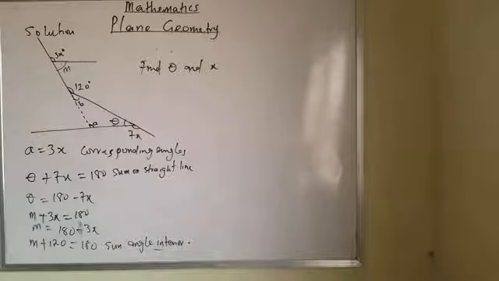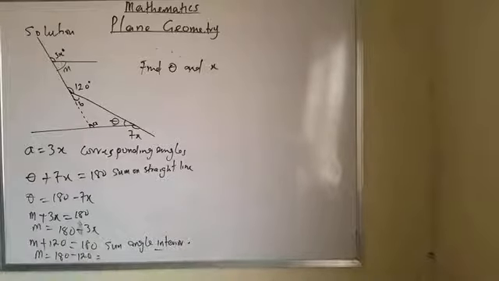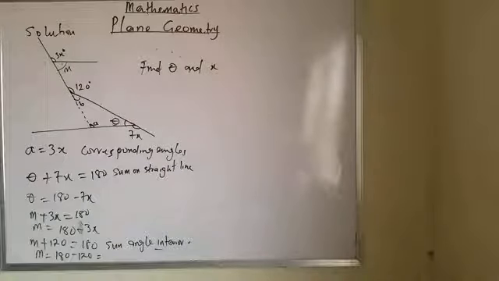Since I have that, it means my m can be equal to 180 minus 120. Is it 120? Yes, it's 120, so I will be having 60. Since I have my m as 60, what else can I do?